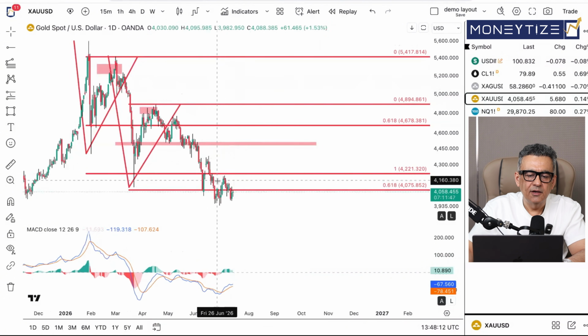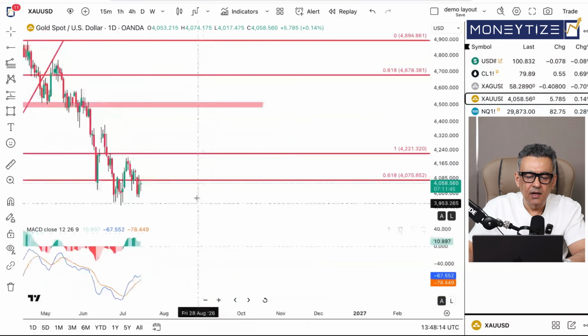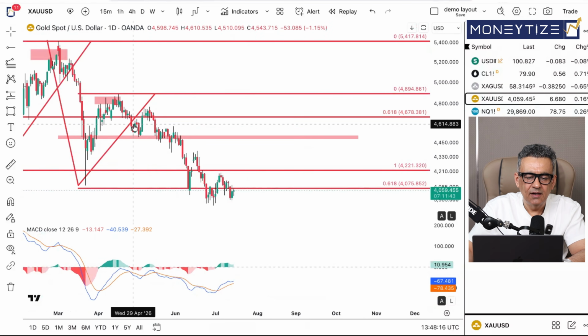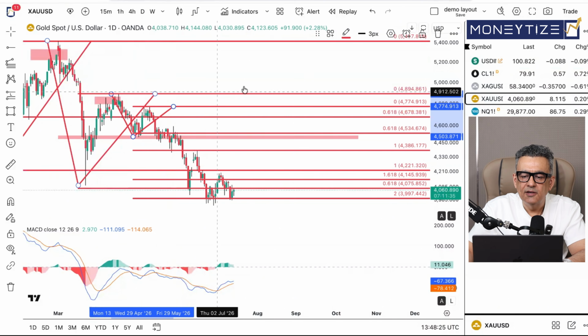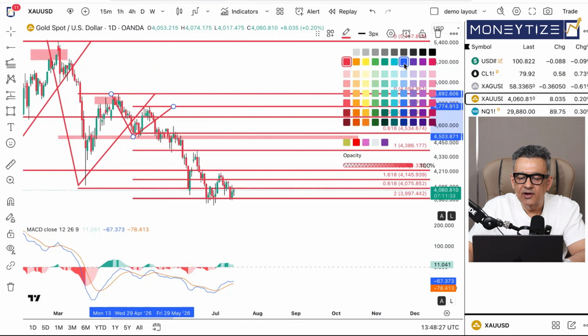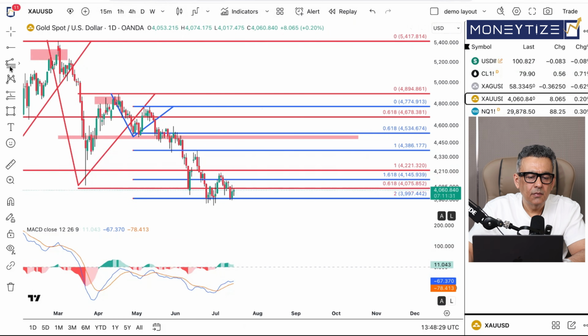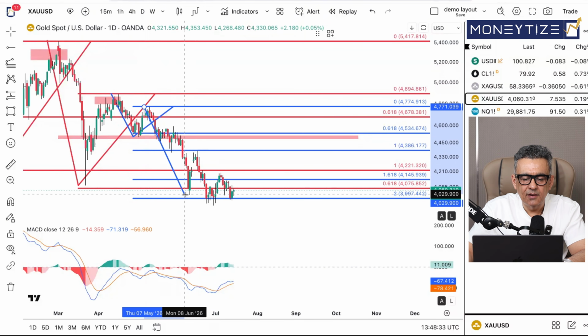Added. Now it's time to zoom in and apply bearish extensions on the last leg down. Let's add the next extension bearish here and use a different color to identify the magnets. And the next one is on the next leg down.